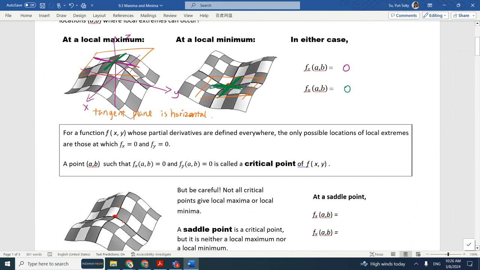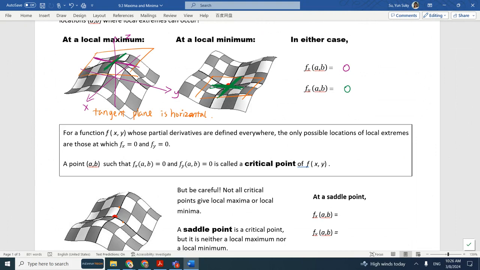So now for a function f whose partial derivatives are defined everywhere, the only possible locations for local extremes are those at which partial f partial x is 0 and partial f partial y is 0. And a point in the domain such that the first partials are 0 is called a critical point of the function.